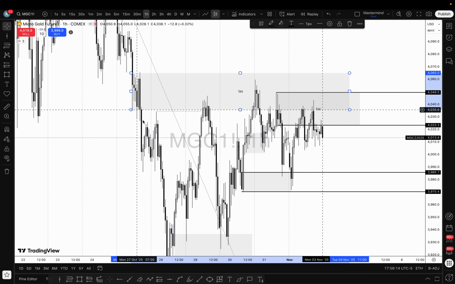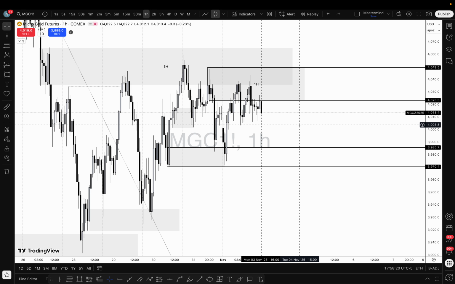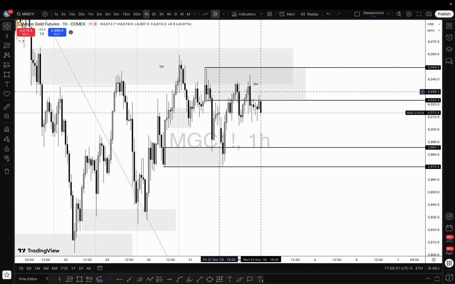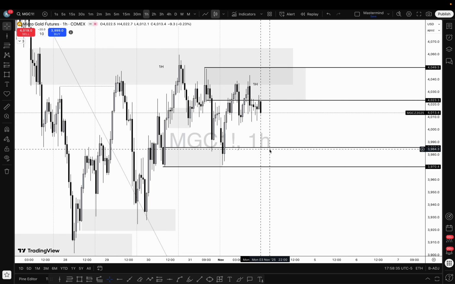Okay, so we have this 1 hour mitigated, new supply created. So what can we expect? Well, we're currently at 1 hour supply, so we could expect the market to come down to the next 1 hour demand.